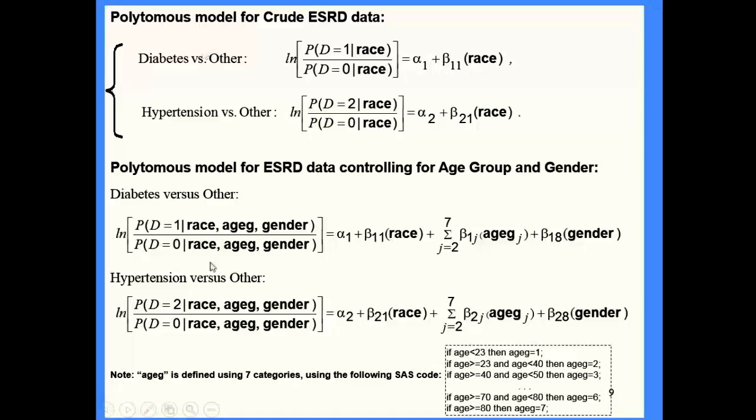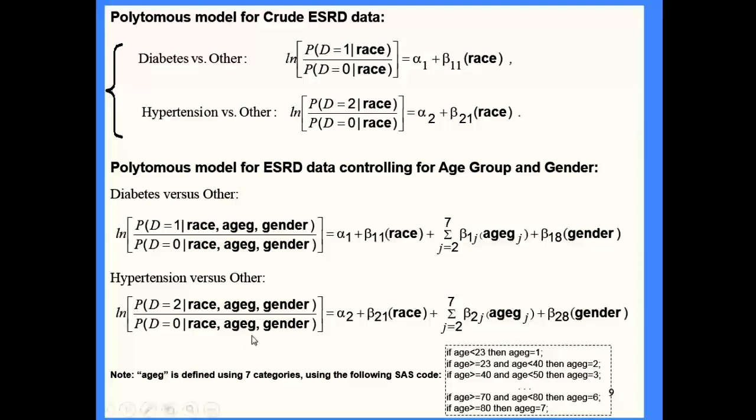How do you do that test? Is there an effect of race in the model where you're controlling for age group and gender? There are no interaction terms. This model at the bottom of the screen is a no interaction model. Again, you do a likelihood ratio test. What are the two models? One model is what you see here with these two components.